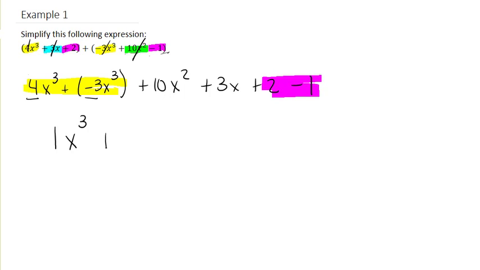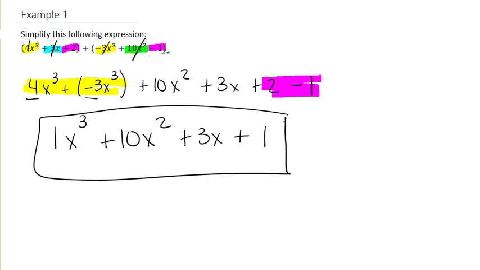Next, we have plus 10x squared, which we'll leave as is, as we can't combine it with any other terms. Then we have plus 3x, and then we have 2 minus 1, which is just equal to plus 1. And so this would be our solution by simplifying the expression above.